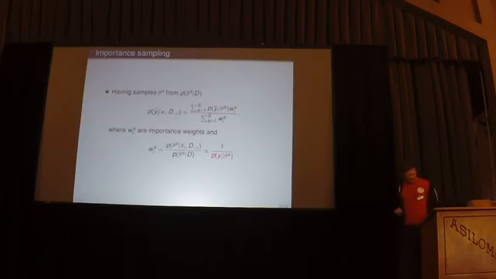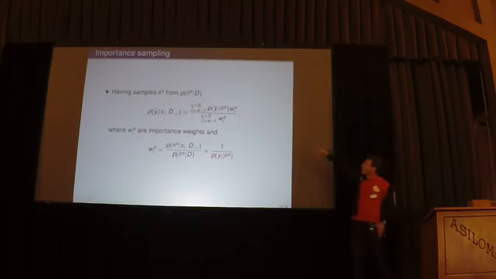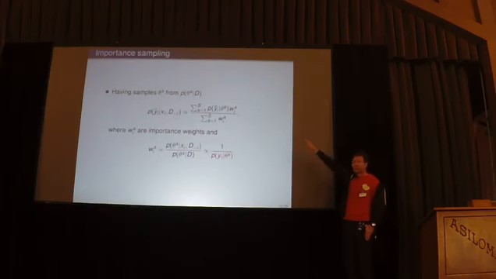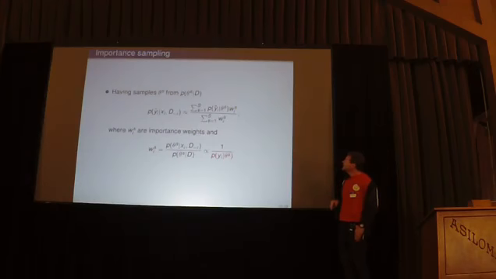In importance sampling, we draw the samples from the full posterior, and that's what we do with Stan easily.